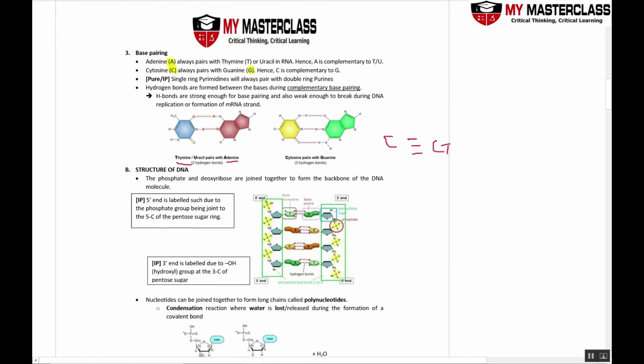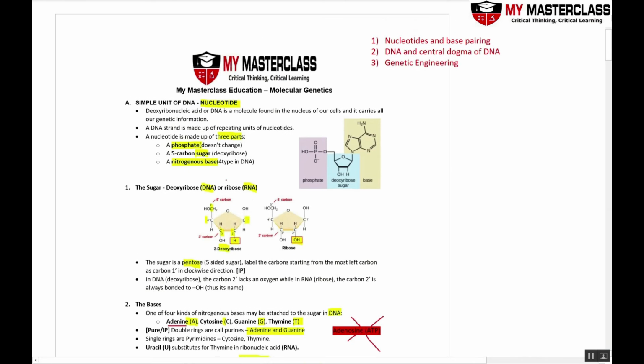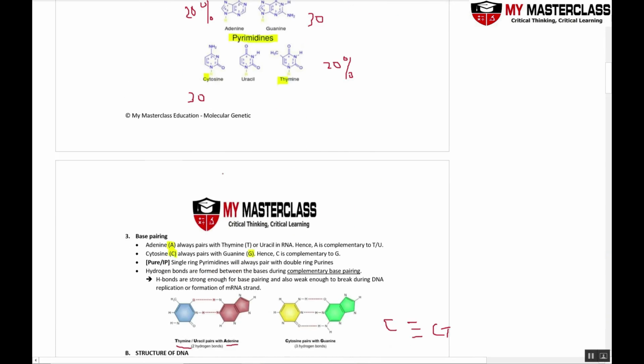Okay, so this one is the structure of the DNA. We can see that it is double helix. So this part here is also double helix because it is bonded together. So earlier on, we looked at how the structure of the DNA composed of these 3 components, whereby we have got the phosphate group, we have got a sugar, and we have got any one of the 4 nitrogenous base.